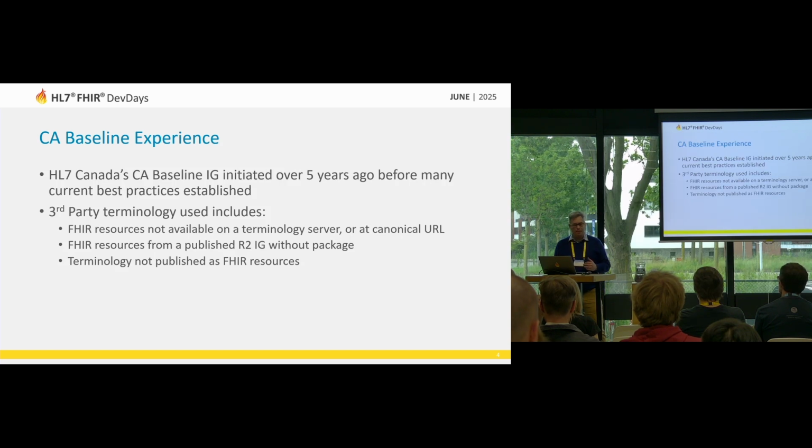Any change to that mechanism would have to come from Canada Health Infoway, who hosted the V3 terminology. The CA baseline team is unfunded, sparsely staffed with volunteers, and they've got little leverage. So the ability to influence Infoway or any other organization, any other publisher, was limited.